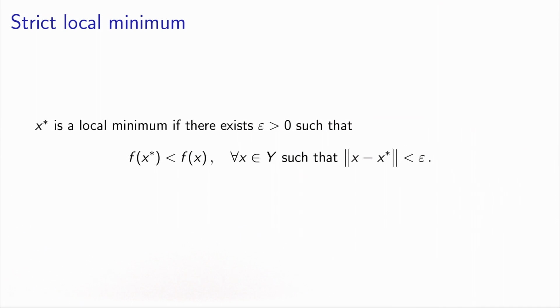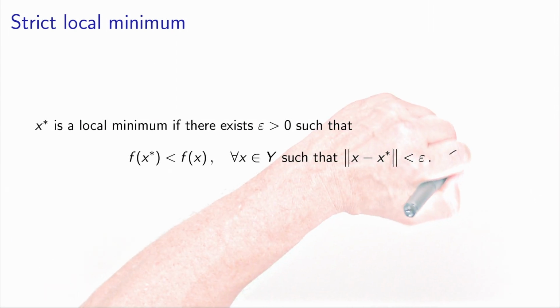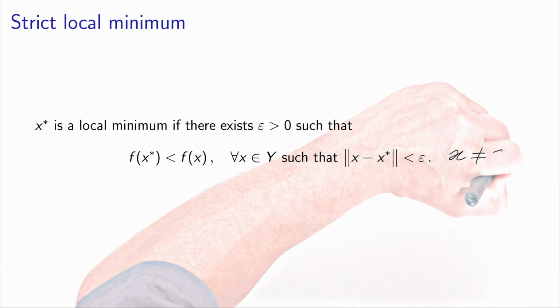So the formal definition of a strict local minimum is that x star is a strict local minimum if there exists a neighborhood of size epsilon such that the value of the objective function at x star is strictly better than the value of the objective function for any feasible x within the neighborhood of size epsilon, any x which is actually not x star.